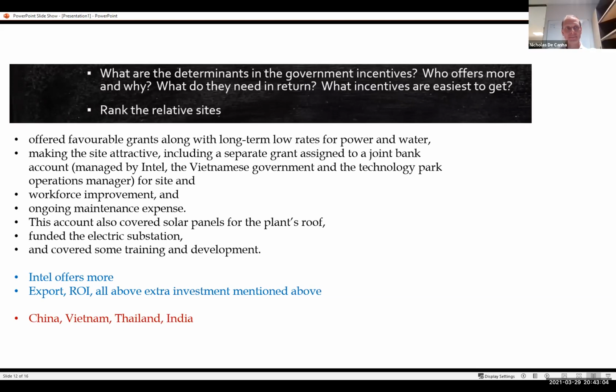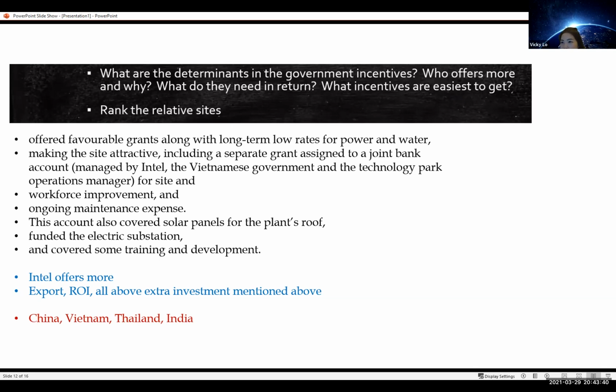Perfect. From case study B, I found something like this: the determinants in the government incentive, like favorable grants, long-term low rates of power and water, and making the site attractive, including separate grants, and workforce improvement, like Intel invests a lot in education, like schools, into the local talents, and also the ongoing maintenance expenses.